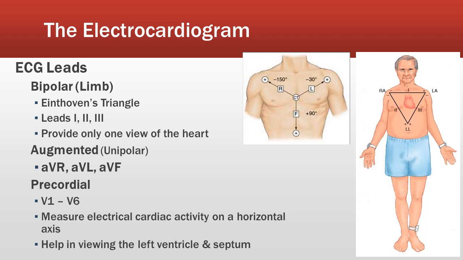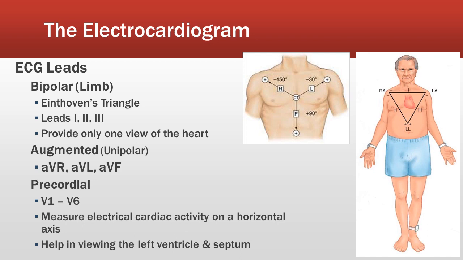Augmented or unipolar leads are AVR, AVL, and AVF, and those can be depicted on our picture also. Precordial leads, V1 through V6, measure cardiac activity in the horizontal axis, and those are otherwise known as a 12 lead.